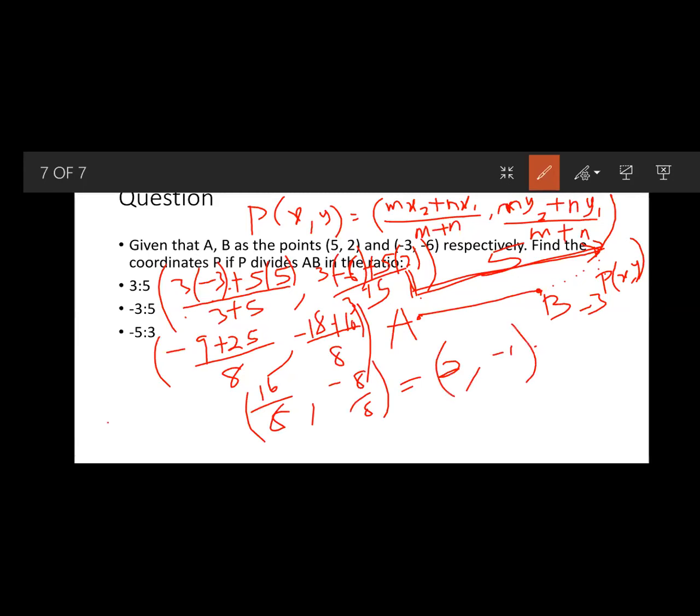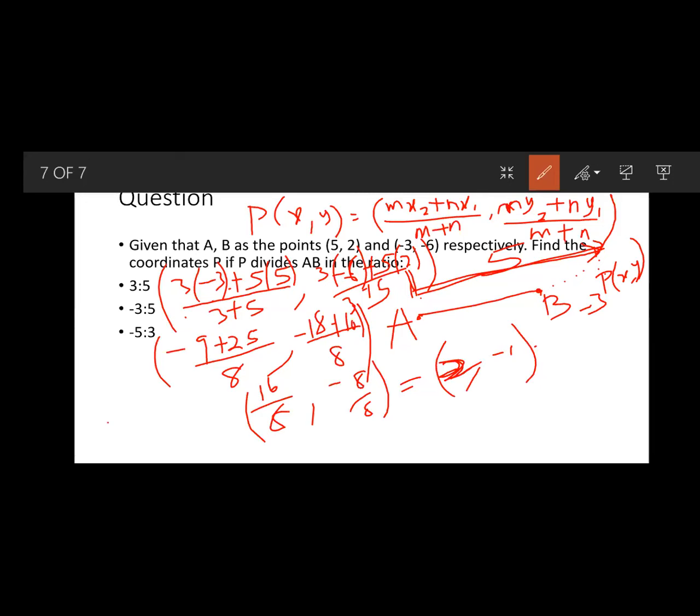So it means the coordinate of point P for that question will be equal to 2 comma minus 1. So that is how we can do questions of such nature. So in the next questions, you can just substitute. The value of x1 remains the same, x2 remains the same, y1 remains the same, y2 remains the same.